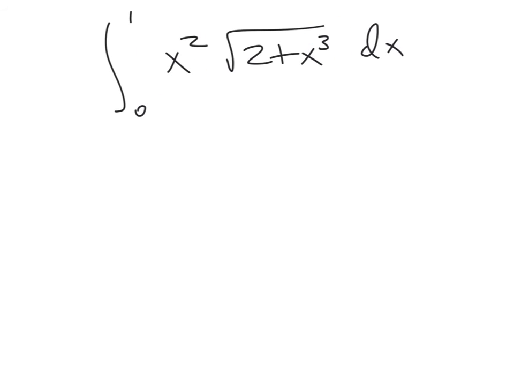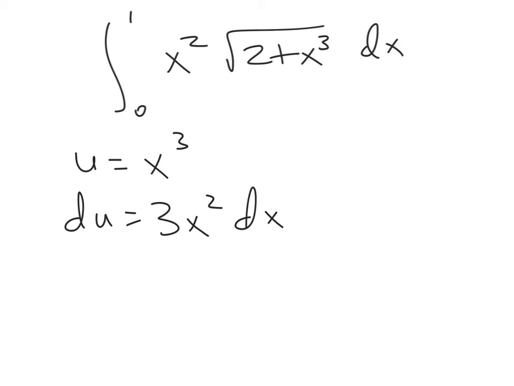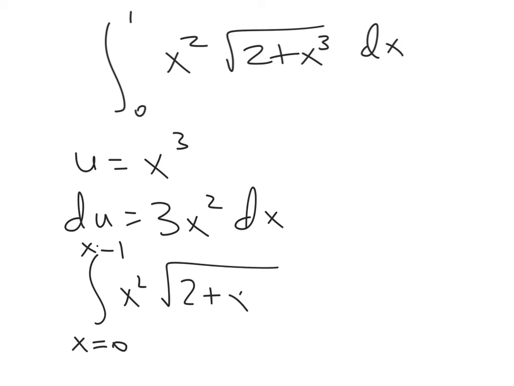And these new x's that were introduced help a lot, because now we actually can do a u substitution. If I let u equal x cubed, then du is 3x squared dx. And the integral from x equals 0 to x equals 1 of x squared square root of 2 plus x cubed dx becomes the integral from u.